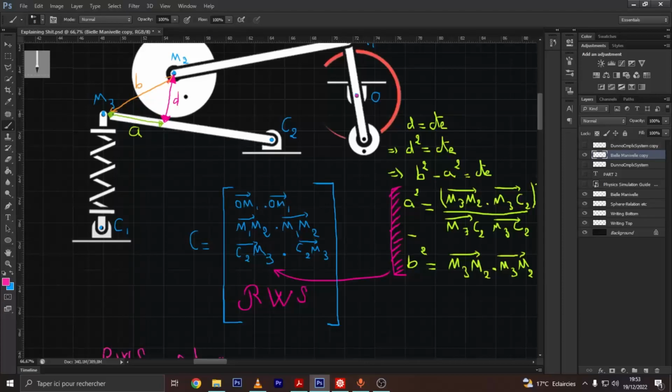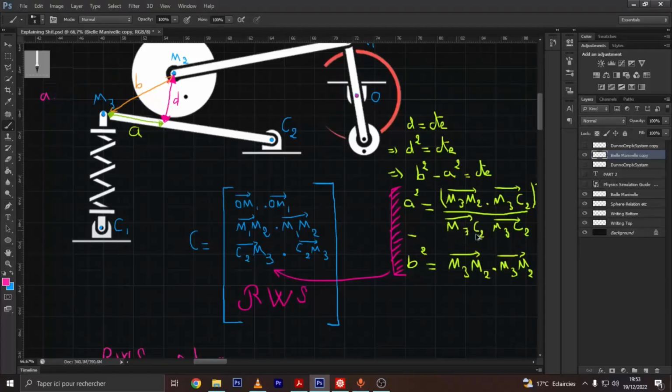It's just the scalar product of M3M2 and M3C2, but we should divide by this length, since the scalar product of two vectors is nothing but their magnitude times the cosine of the angle between them. So if you want just this part, you need to divide by the magnitude of A. And that's what I did there, and the square just becomes the scalar product.